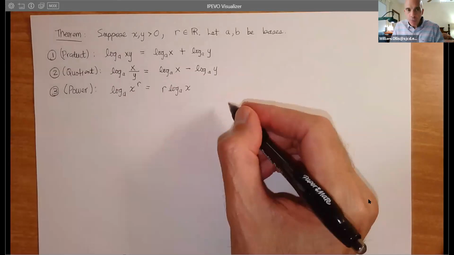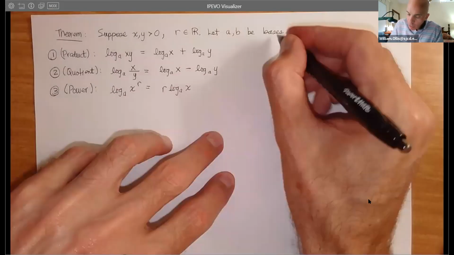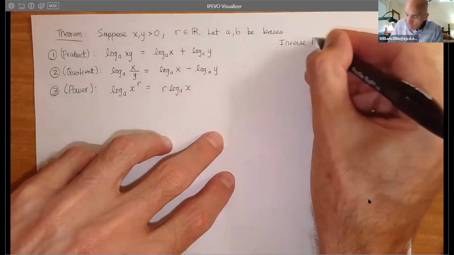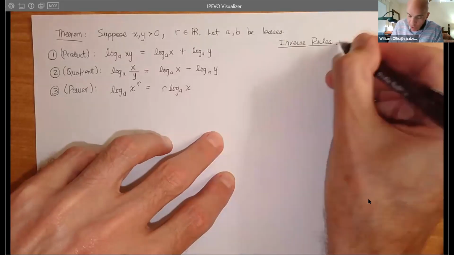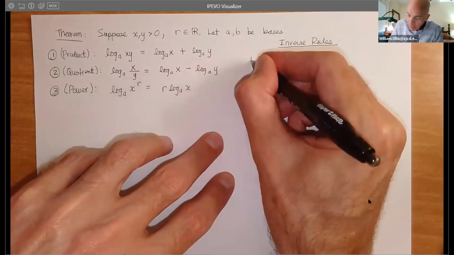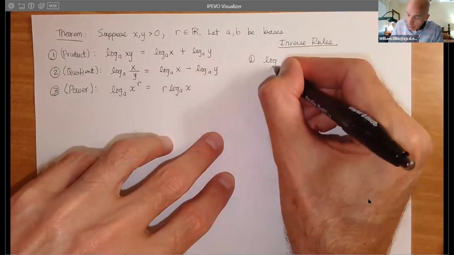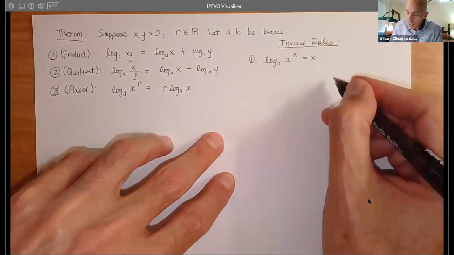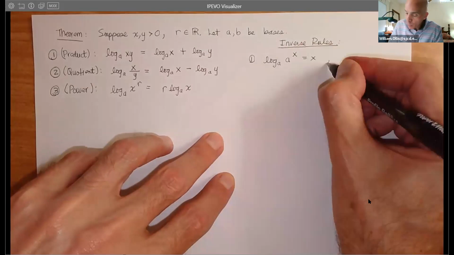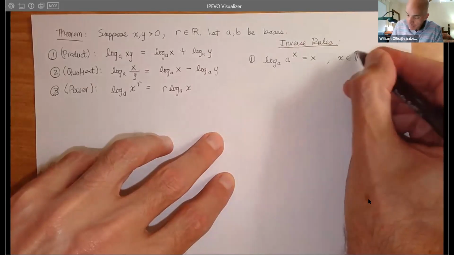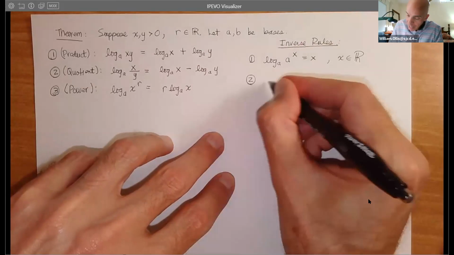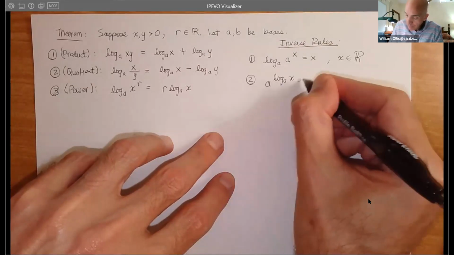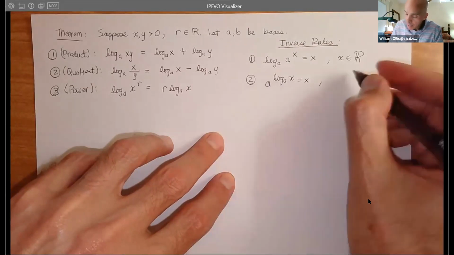Now, before I write the last one, I want to go ahead over here and write the inverse rules, which I didn't write down before. Remember, the base A logarithm of A to the X is X. Remember, you compose the two inverses, the input equals output, for X a real number. And then, of course, A to the base A logarithm of X is also X. Input equals output when X is positive.